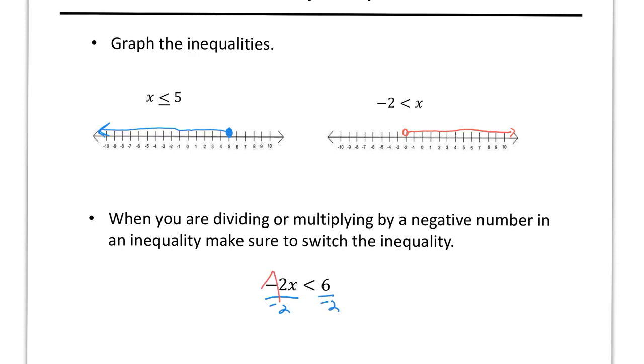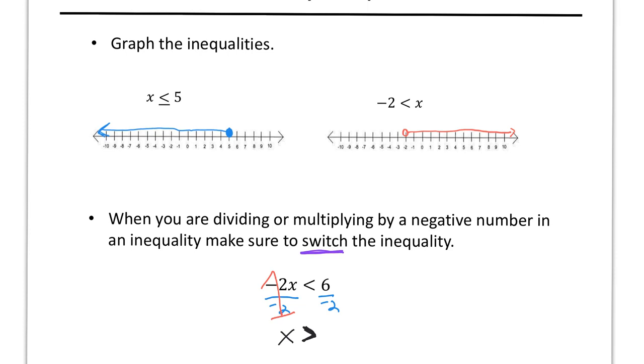We know this right here is going to turn into +1, -2 divided by -2. So I'm going to bring down the x, and I'm going to have to switch the inequality because I'm dividing by a negative number, -2. So the inequality is greater than, not less than.